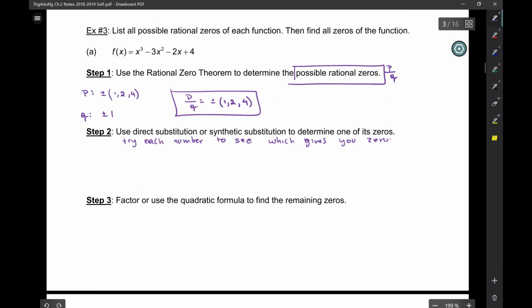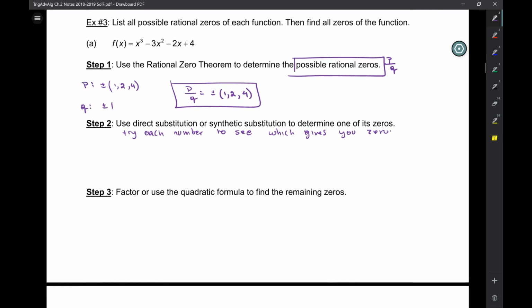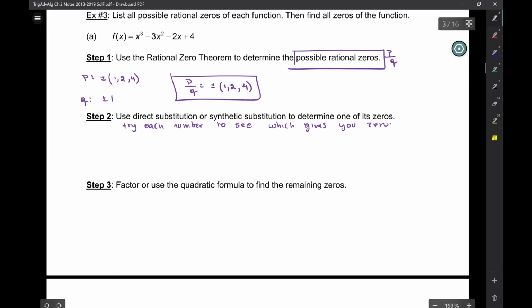You guys remember this from algebra? Yeah. Vaguely? Okay, so what you do is, what's the first number here? 1. You're going to take 1, put it in here, and see if that's going to give you a 0. All right, so here we have 1, -3, -2, 4. All right, so I'm putting the coefficients from here in here.